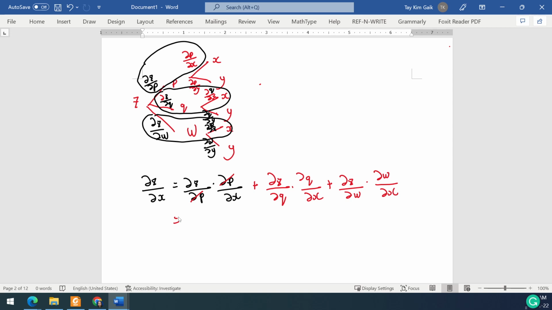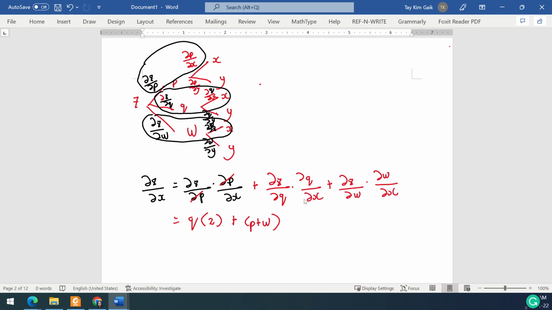Del z del p that you obtained just now is q, and del p del x that you obtained is 2. Del z del q that you obtained is p plus w.